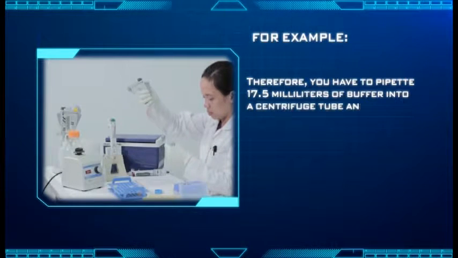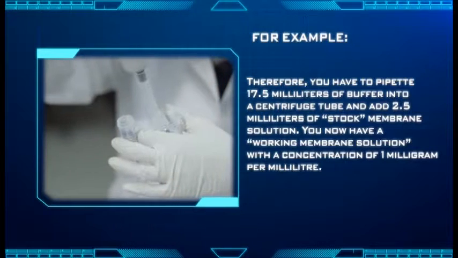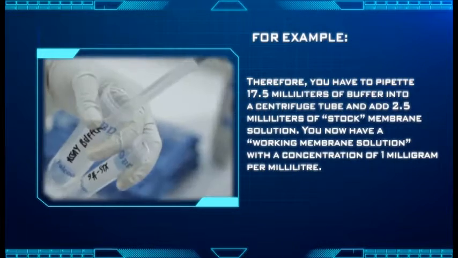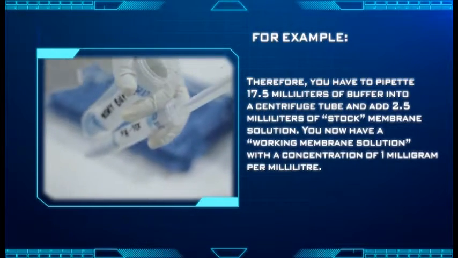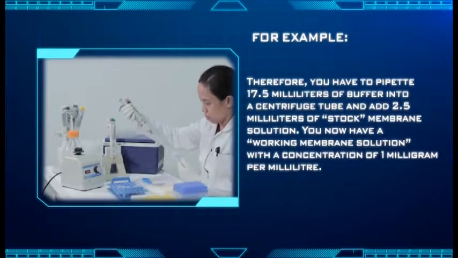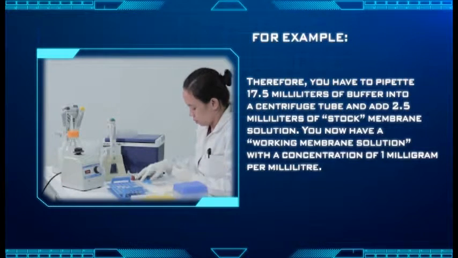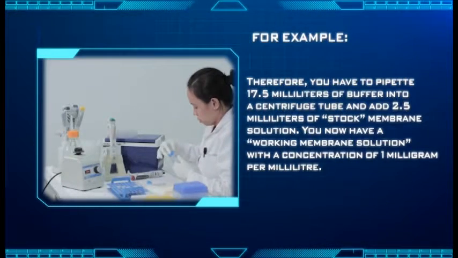Therefore, you have to pipette 17.5 milliliters of buffer into a centrifuge tube and add 2.5 milliliters of stock membrane solution. You now have a working membrane solution with a concentration of 1 milligram per milliliter.